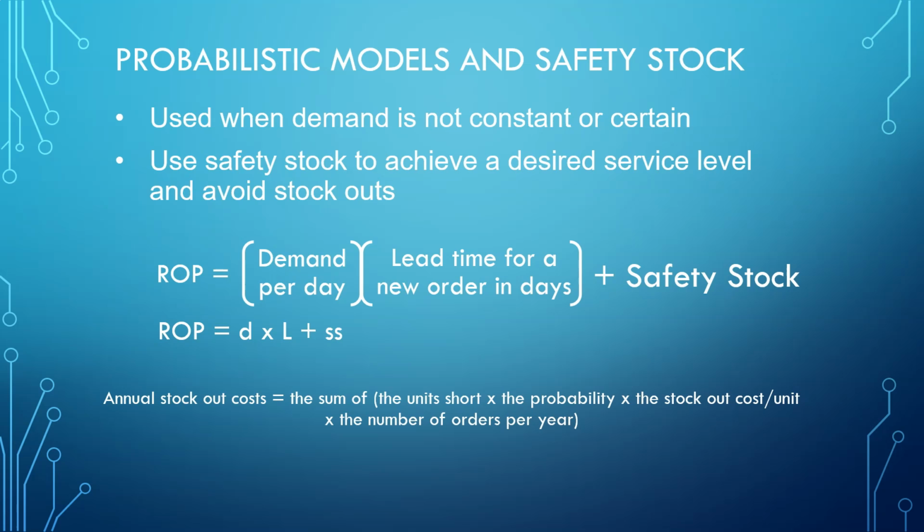So to calculate the annual stockout cost, if I don't have the item in stock, then there is a cost for that, and that will equal the sum of the units short multiplied by the probability multiplied by the stockout cost per unit, and multiplied by the number of orders per year.